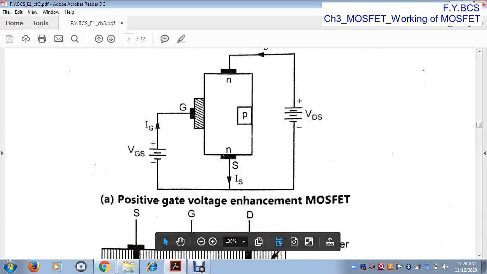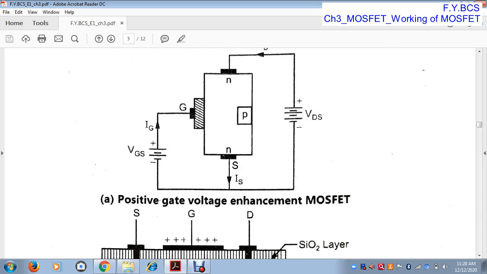Once again, I repeat, we provide the positive voltage to the gate terminal. After providing the positive voltage to the gate terminal, all the electrons in the source will accumulate near the gate, because this positive charge attracts the negative charge of the electrons. So electrons accumulate near the gate, and an electron layer is formed.